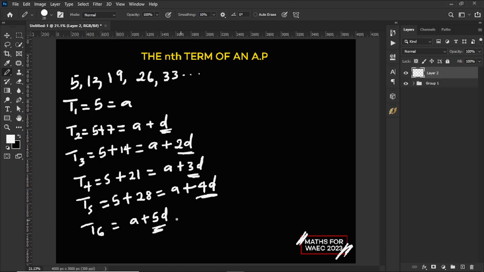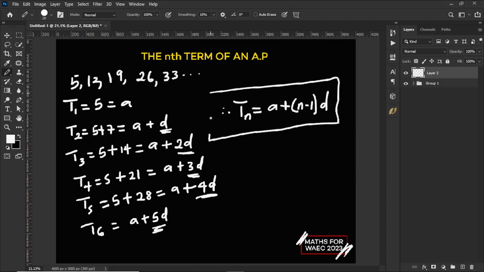When it is 6, the coefficient is 5. When it is 5, the coefficient is 4. When it is 4, the coefficient is 3. So with that, we can generalize that the nth term of this sequence is going to be A plus (n minus 1) times D. And this is the nth term of an AP.